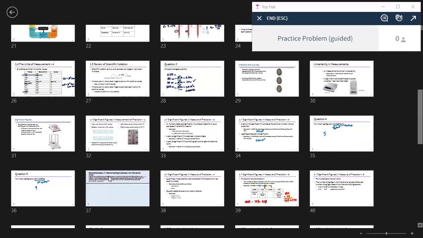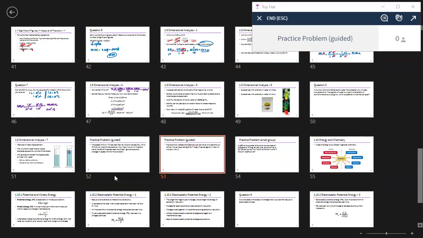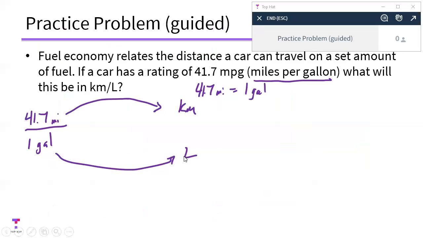And so the conversion table that we are looking for is not actually found in this slide deck, but it is in your book.